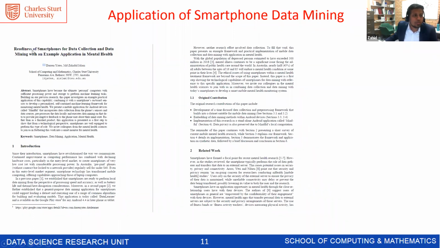And in that paper, we showed the readiness of smartphones for data collection and data mining with an example application in mental health. So what it does, these smartphones actually have lots of sensors, quite a few sensors.